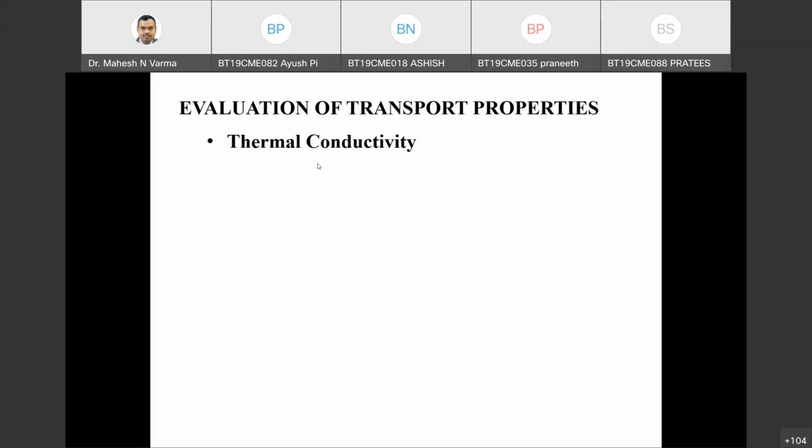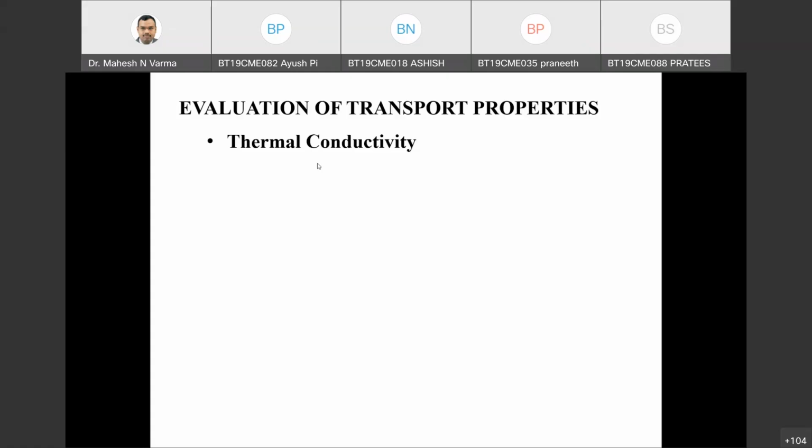Certainly, on the same line you will get an empirical graph for thermal conductivity also. What is your expectation, Ashish, on x-axis, y-axis? Even though the first 10 classes of transport phenomena were just an introduction, temperature and kinetics. Sir, x-axis might be temperature because it depends on temperature.